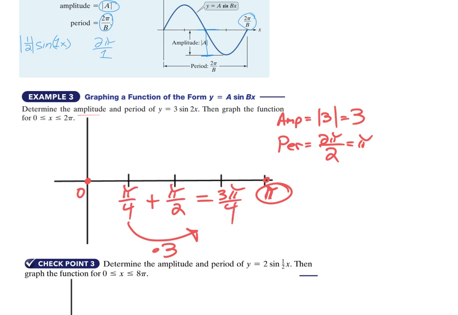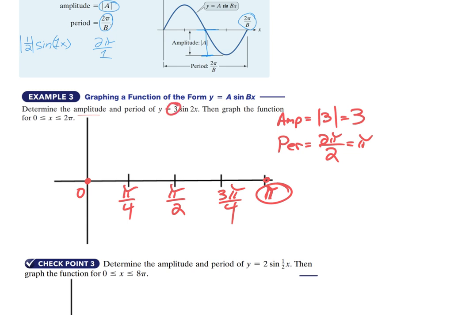Now, 1/4, 1/2, 3/4, that one's not too difficult, but we'll get some other values that might be a little bit more tricky. So here are our 5 key points.